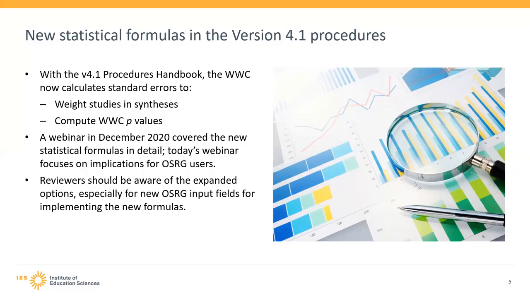A webinar last month covered the new statistical formulas in detail, and today's webinar specifically focuses on implications for official WWC reviewers using the OSRG to conduct version 4.1 reviews.